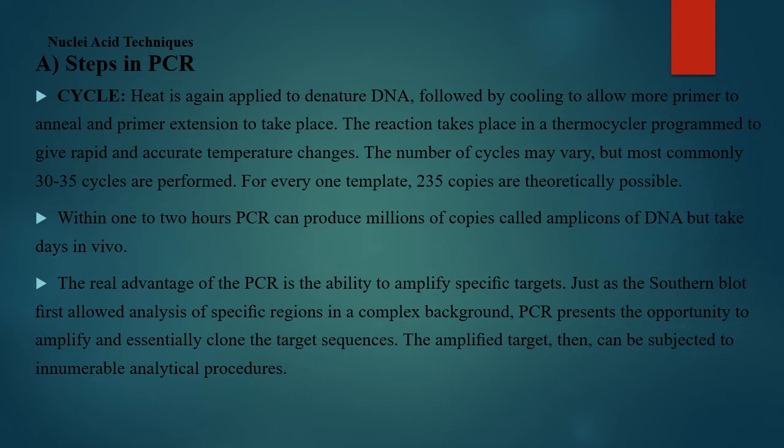PCR presents the opportunity to amplify and essentially clone the target sequences, the specified areas. The amplified target can then be subjected to innumerable analytical procedures. A particular portion you want to replicate, when you replicate it more, you're able to utilize it for your desired action. So lots of DNA amplicons produced makes your work feasible.